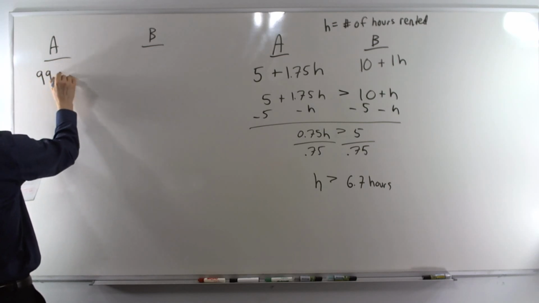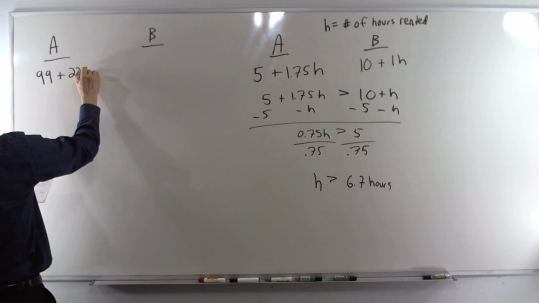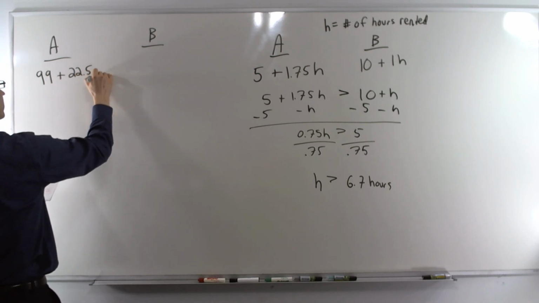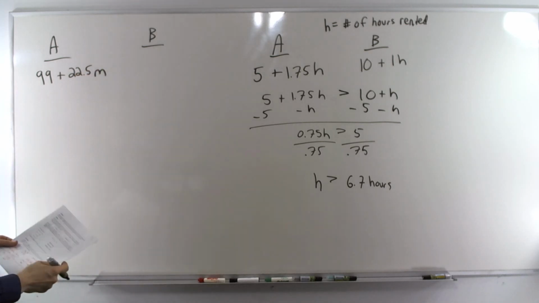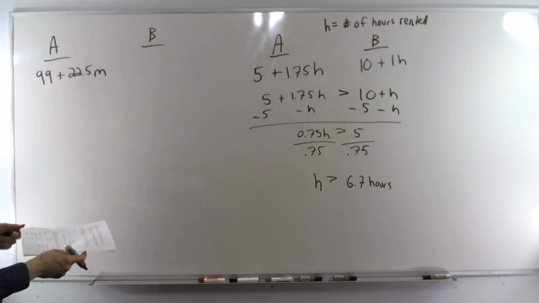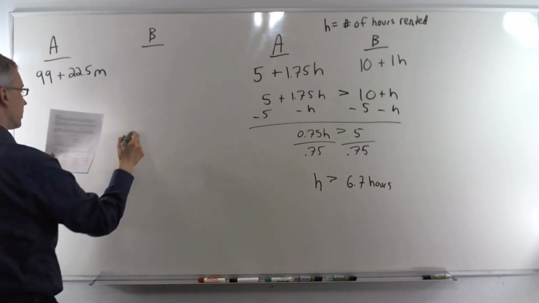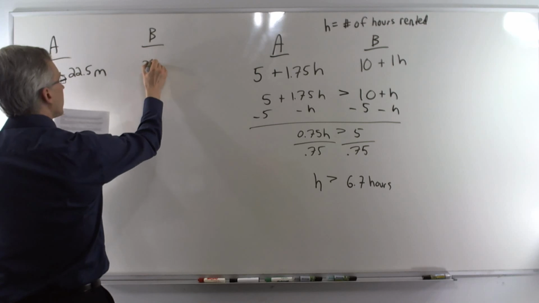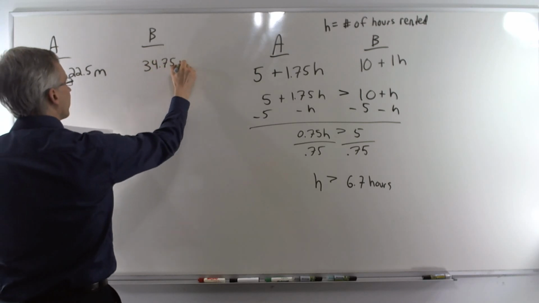So 99 plus 22.5, and I'm talking about months, so I'm going to use M. All right, so there's the cost of plan A. Plan B is a free phone and $34.75 per month.